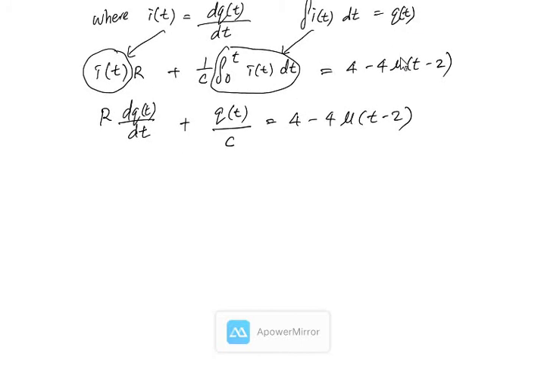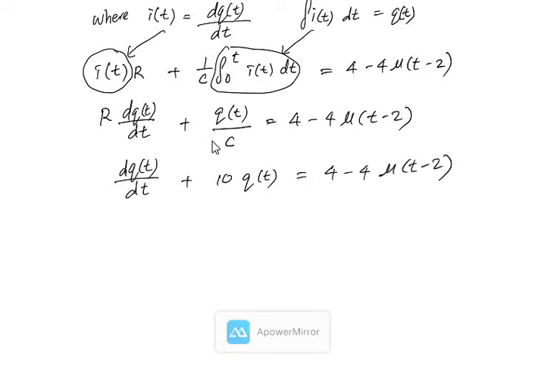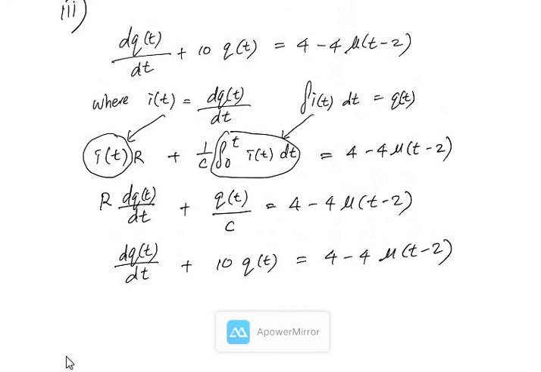R is equal to 1 and C is equal to 0.1. So substitute in the R and the C here. So I get dq(t)/dt plus q(t) over 0.1, that is, we obtain 10q(t) equal to 4 minus 4u(t minus 2). And the answer proves that we get the same answer.